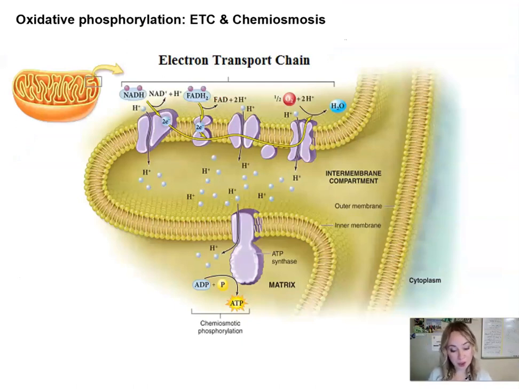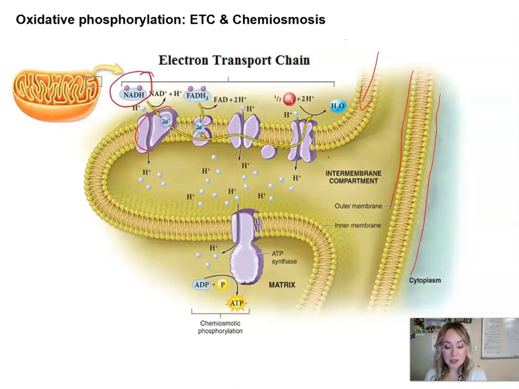So notice right here we have the outer membrane of mitochondria, and this is the inner membrane of mitochondria, and the electron transport chain is embedded within the membrane. So you can see we have all the complexes there, and hydrogen pumps. All the NADHs and FADH2s that we generated previously will arrive at the ETC and they get oxidized.